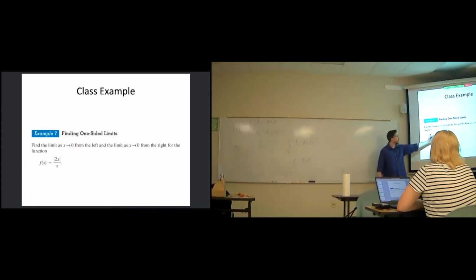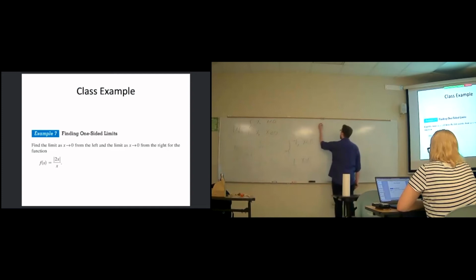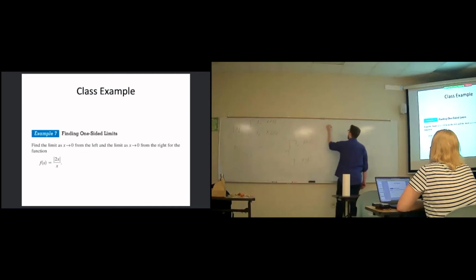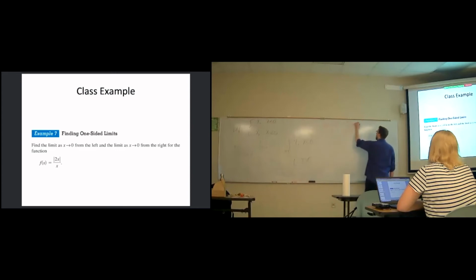2 and negative 2, right? Yeah, right. So looking at this thing, f of x equal to the absolute value of 2x over x is going to be equal to -2x divided by x whenever 2x is less than 0, and 2x divided by x whenever 2x is greater than or equal to 0.